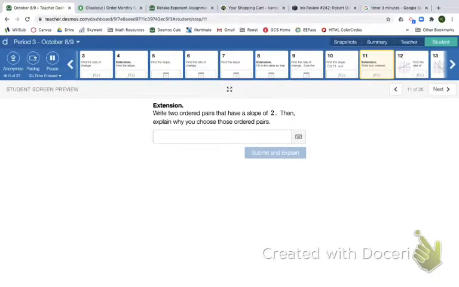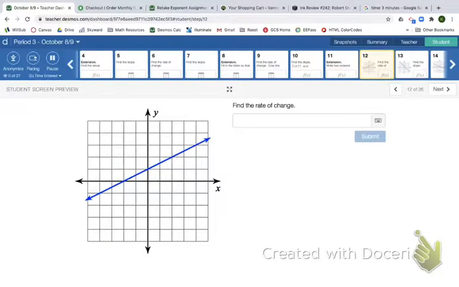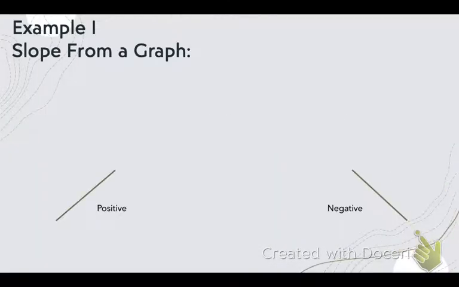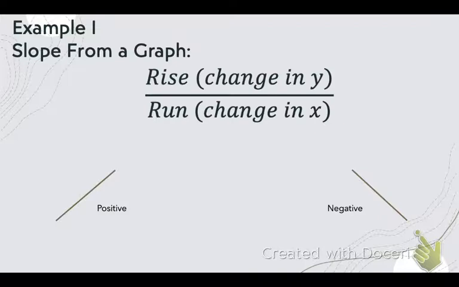Okay, let's go on to the last chunk of today's lesson, which is finding slope from a graph. Right here, it's really important that you take good notes at the beginning, because when you have the graph part, it's going to be a little bit harder for you. The notes that I want you to have: when we talk about slope, we talk about the steepness and the direction.